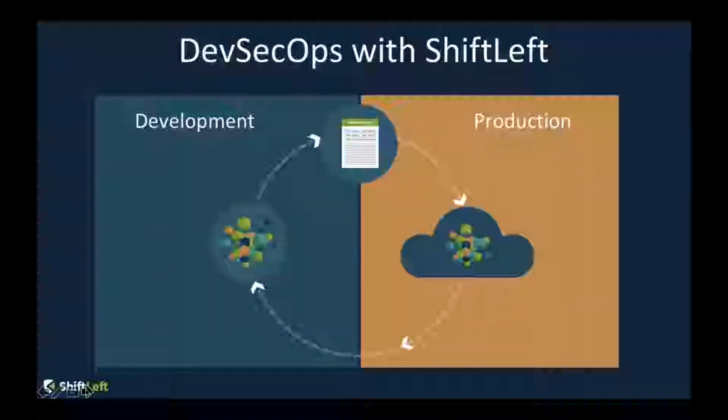Now that we've established these requirements for DevSecOps, let's look at how shift left can help you in your DevSecOps initiative. What shift left does is it extracts the semantic graph of your software. We'll touch on what we mean by semantic graph in just a second.